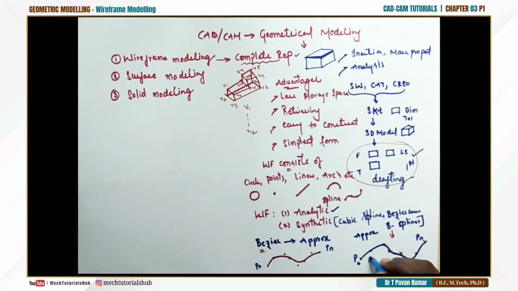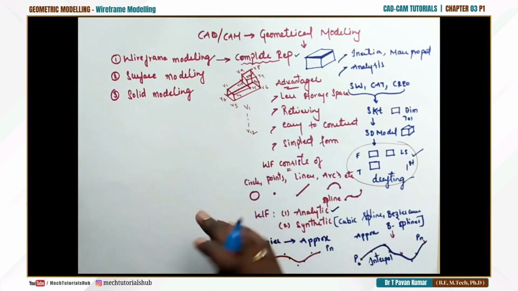Now this can be considered as interpolation type. Bezier is an approximation curve, whereas B-spline is approximation as well as interpolation type of curve. Now this type of curvilinear structures can be made by using wireframe modeling.